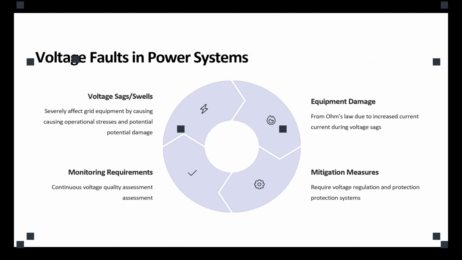Now, in a steady state, when we have a normal system operation, the system is at the equilibrium point, the power flow is stable, and we don't have any problem because everything is already synced up with each other.